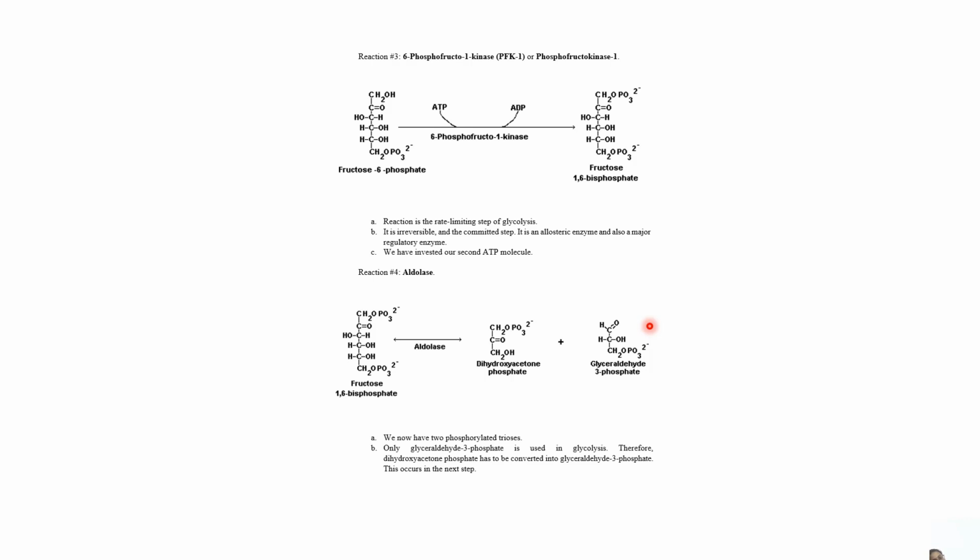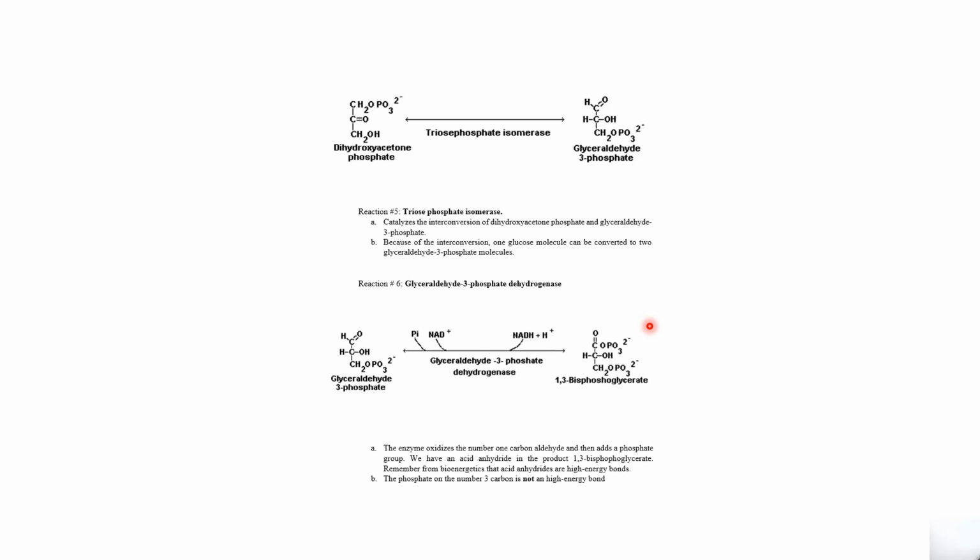Therefore, dihydroxyacetone phosphate needs to be converted to glyceraldehyde 3-phosphate, and this occurs in the next step. Triose phosphate isomerase catalyzes the interconversion of DHAP and glyceraldehyde 3-phosphate, and because of this interconversion, one glucose molecule can be converted to two glyceraldehyde 3-phosphate molecules.